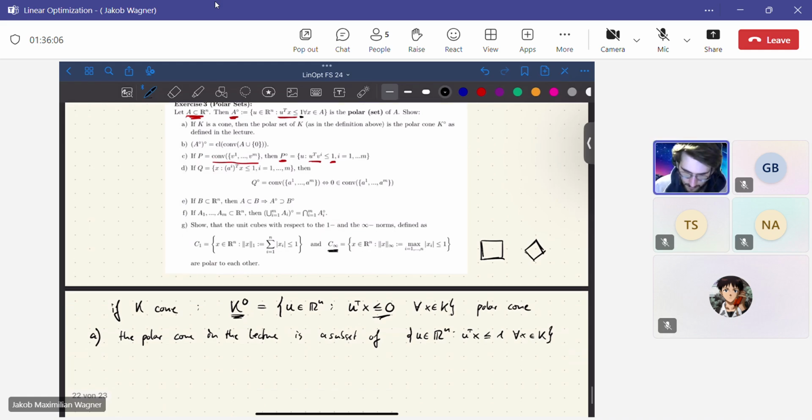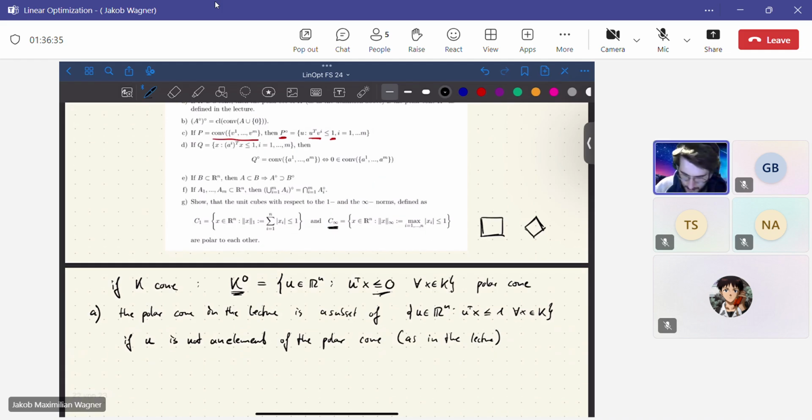And to now go in the other direction, we say that okay, if U is not an element of the polar cone, as in the lecture, then we have that there exists some X in the cone with U transpose X is some small positive epsilon.